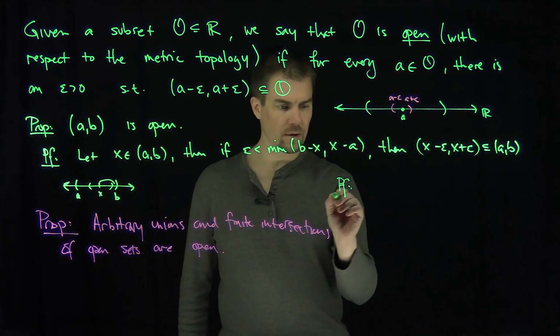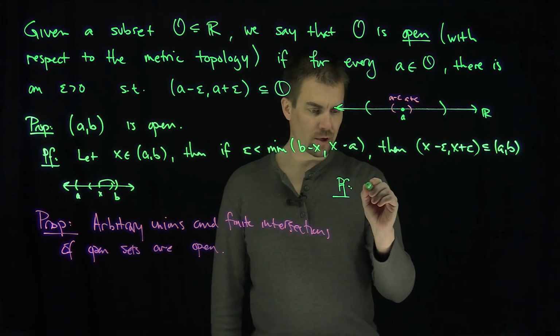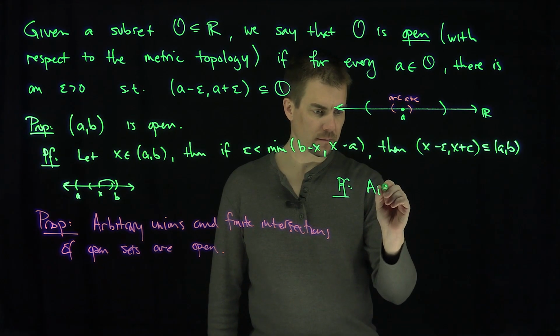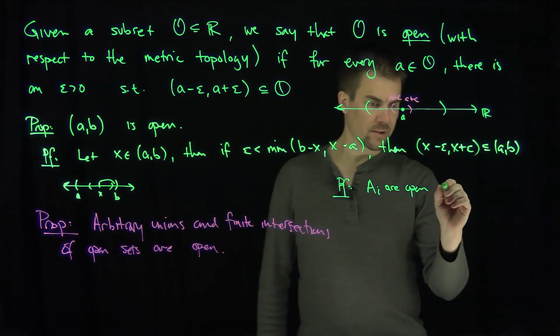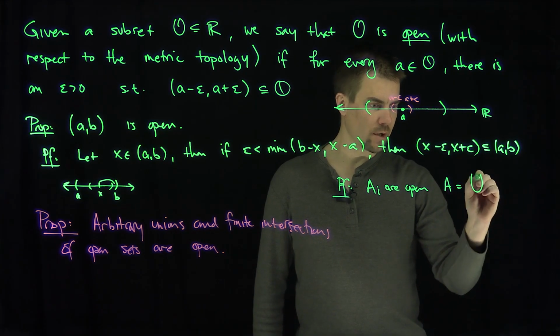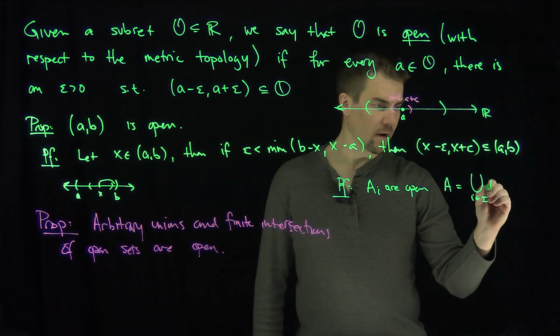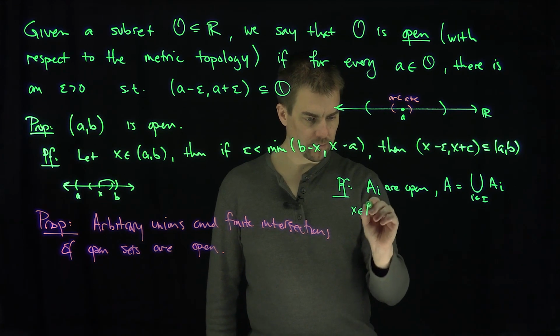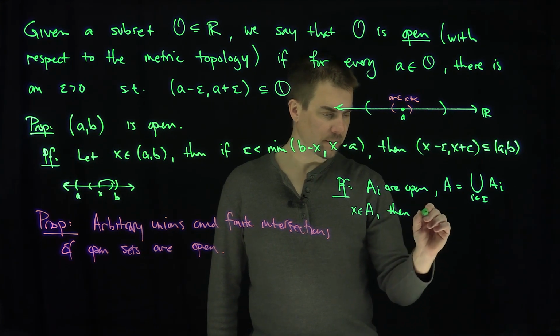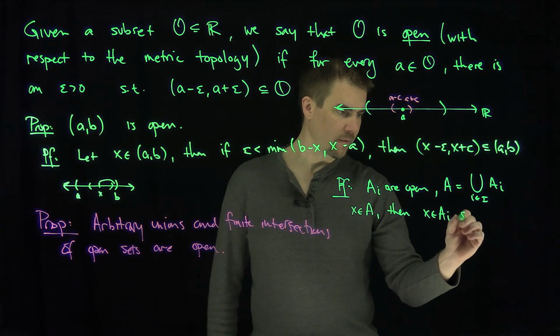The proof of this proposition is that if the A_i are open, and we consider the set A, which is the union over i in I of A_i. If X is in A, then X is in A_i for some i.